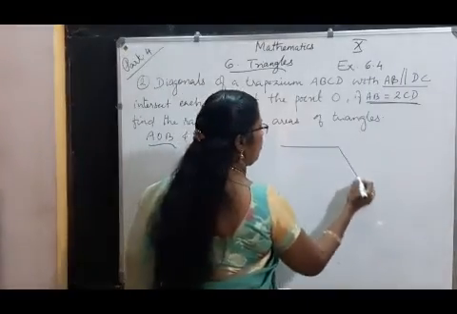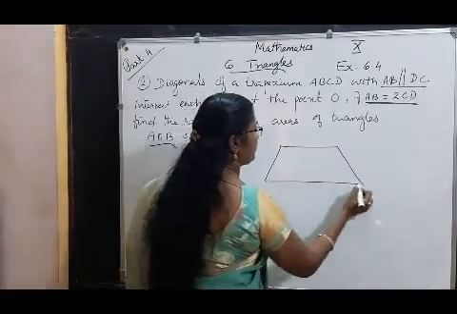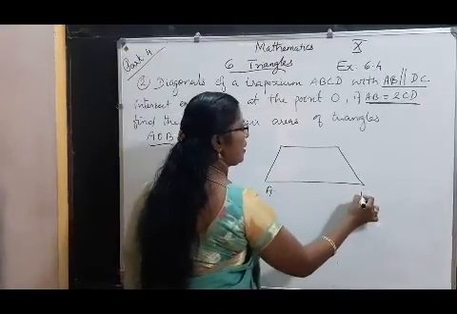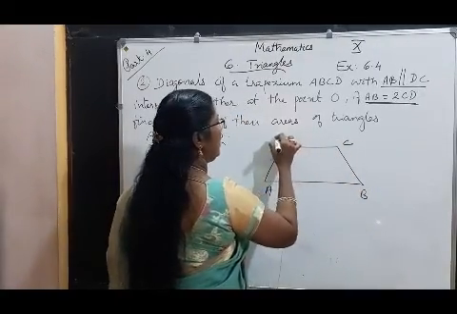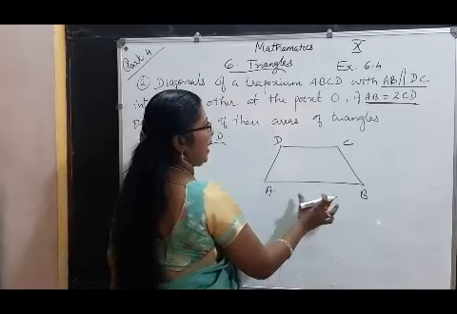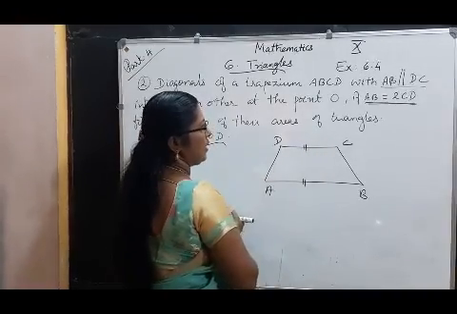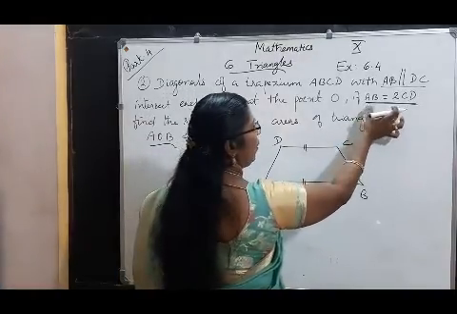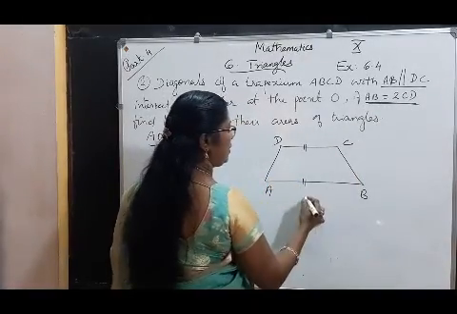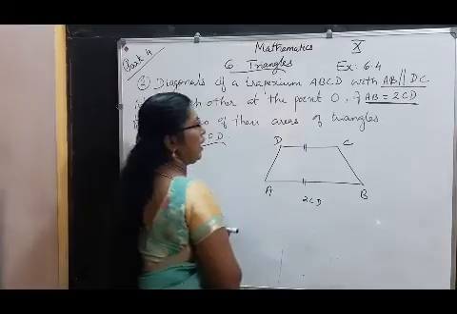So first of all, draw a trapezium ABCD, AB parallel to DC and AB equal to 2CD.